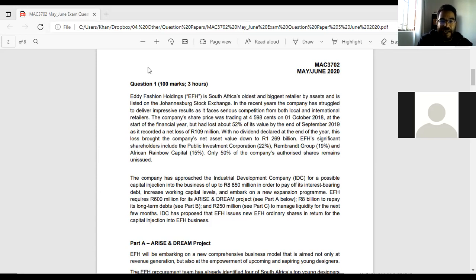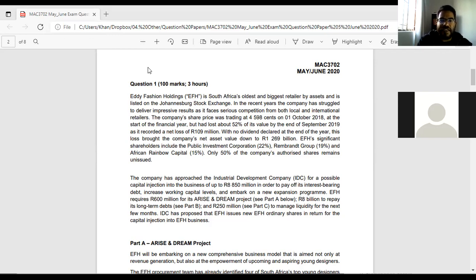The company's share price was trading at 4,598 cents on 1 October 2018 at the start of the financial year, but had lost about 52% of its value by the end of September 2019, as it recorded a net loss of 109 million rand.